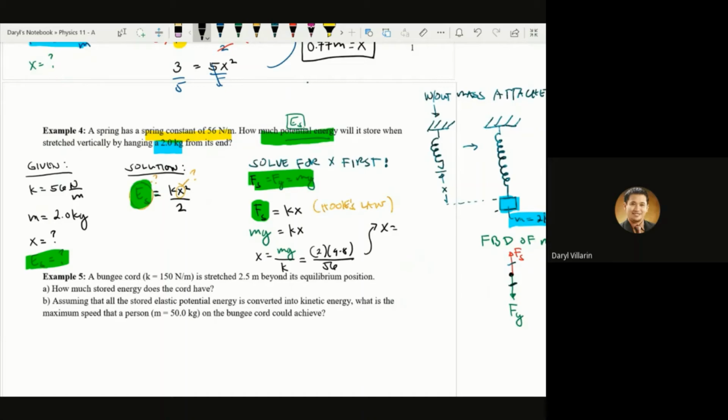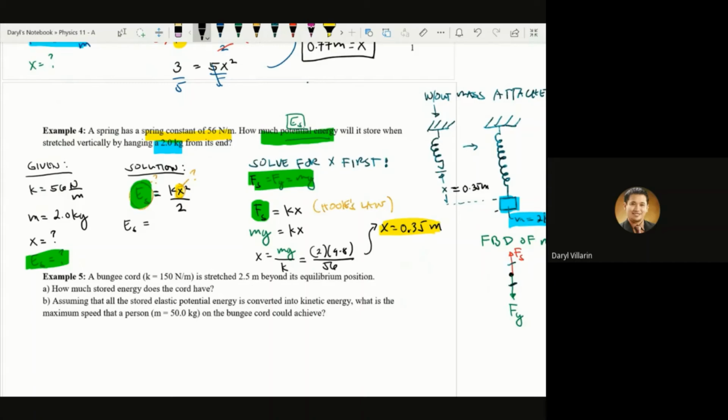That's around 0.35. So this particular distance here is 0.35 meters. Now you have your x. The value of x is equal to this, so you can use that to solve for the stored energy by the spring.